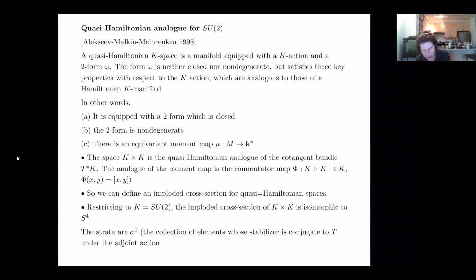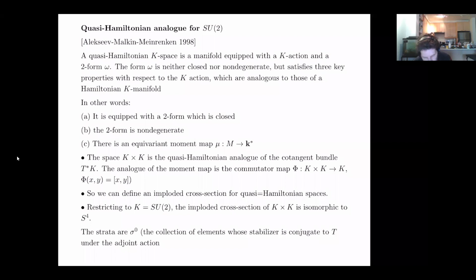So the space K cross K is actually the quasi-Hamiltonian analog of the cotangent bundle. And the analog of the moment map is the commutator map. So instead of having a moment map which takes values in the dual of the Lie algebra, the analog of the moment map takes values in the group K.